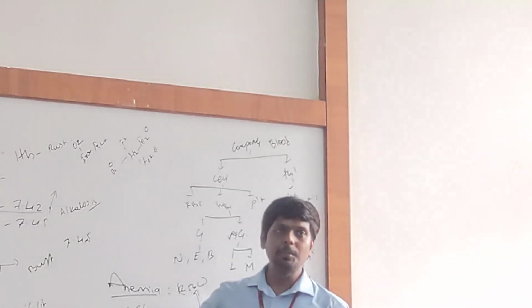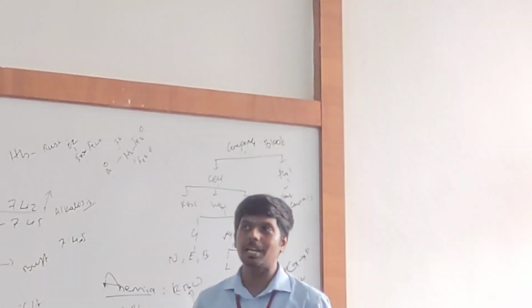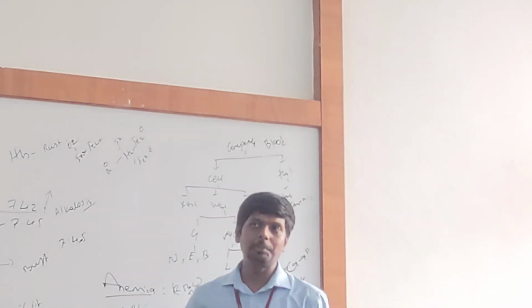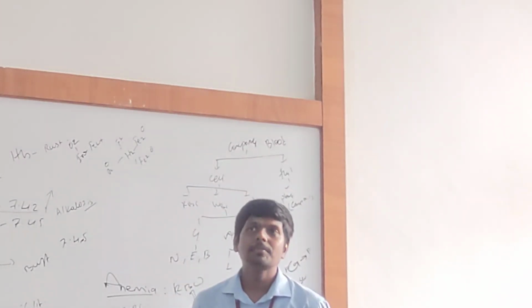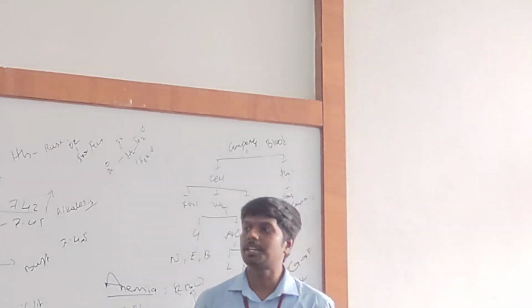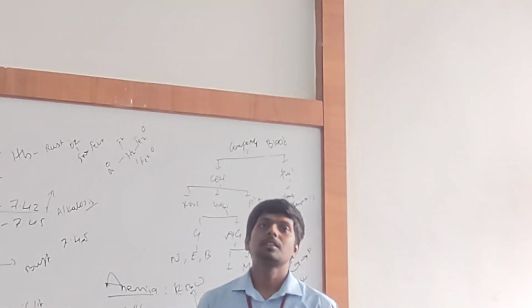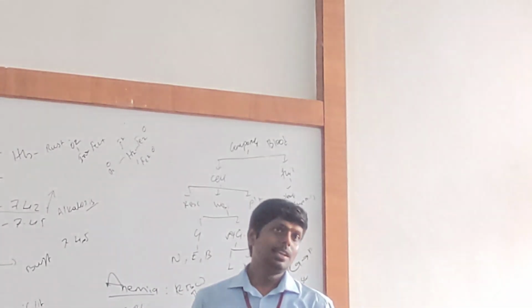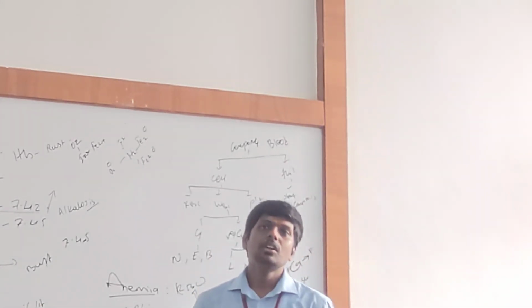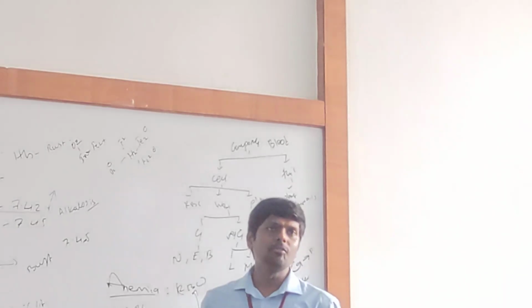Assuming this is a cubic millimeter of blood, it has 5 million red blood cells. Compared to this, in the same dot, how many white blood cells are present? 4,000. In the same dot, how many platelets are present? 4 lakhs, maximum 4 lakhs.